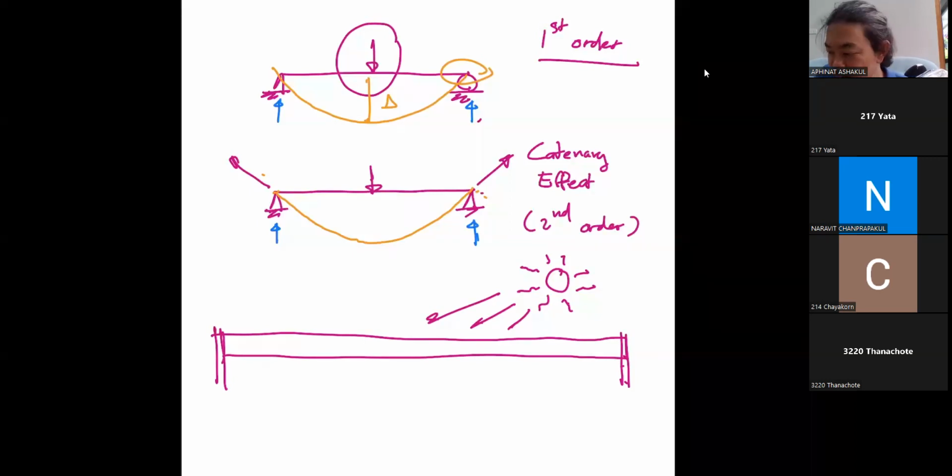And when it wants to expand, but you lock it, it's going to have additional stress due to temperature. And it's pretty much like this. So it will have the significant difference when we have something beside just the vertical load. For example, this is large deformation, and this is temperature gradient.